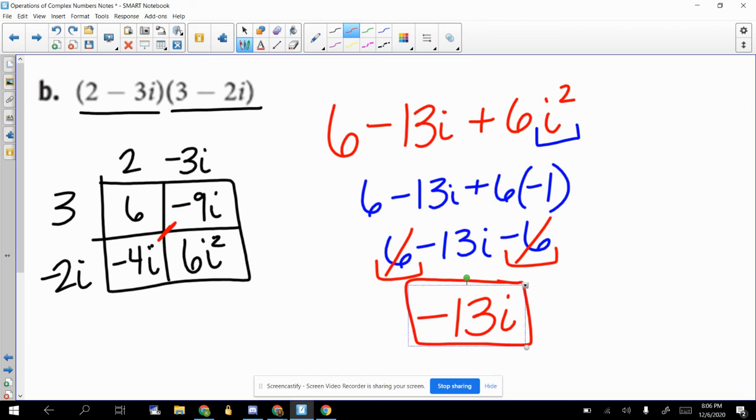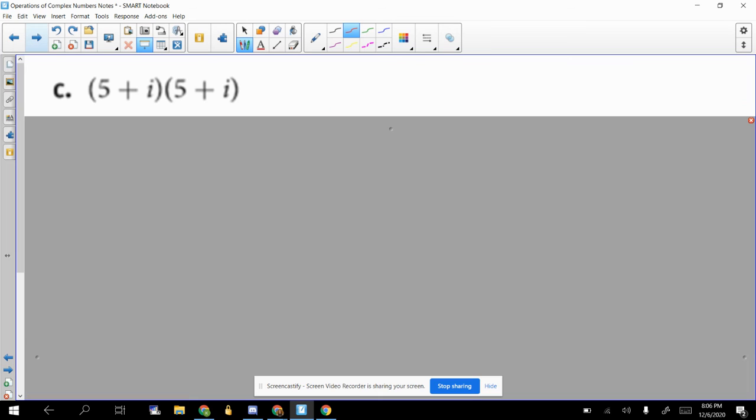Alrighty. So the next one I want you guys to try on your own. You can FOIL or use the box method, and then combine like terms. Whatever you get for your i squared, you're going to plug in a negative 1 instead, then simplify again, and make sure it's in the form a plus or minus bi, whatever the sign is.